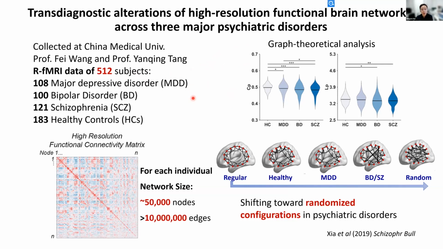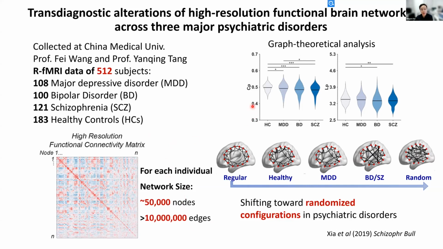We constructed the voxel-based high-resolution functional brain networks for each individual with over 50,000 nodes and over 10 million edges in each brain network. This was mainly done based on our Pagani toolbox.